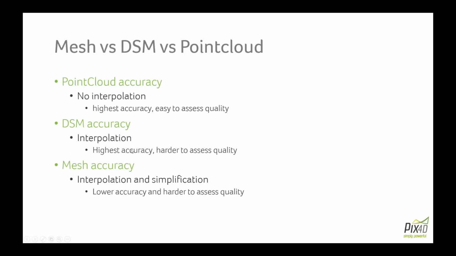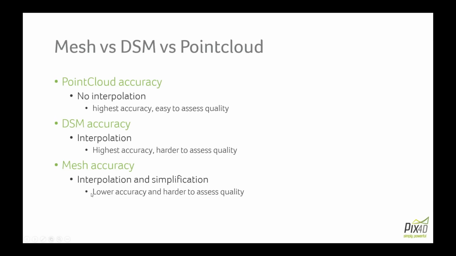So the accuracy is still as high, but what you lose because of the interpolation is that it's a bit harder to assess accuracy. If you had plenty of points everywhere, no problem. But in the case where you have areas with a lower number of points, you will see the interpolated results, and it's harder to actually say if it's true accuracy or if it's just interpolation.